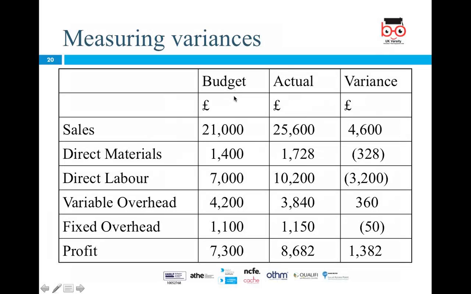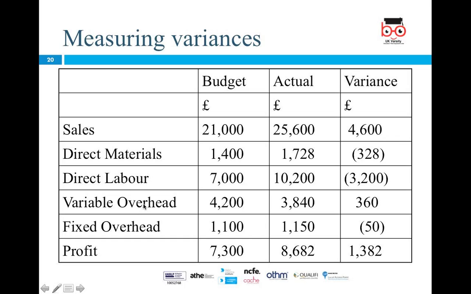So let's take an example of how we can see the variance between budget and actual. For example, if the company's budgeted sales is 21,000 and actual is 25,600, the difference between the actual and budgeted sales is 4,600. That means sales has increased.